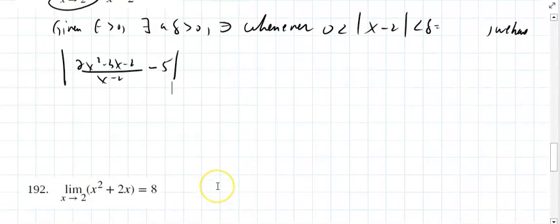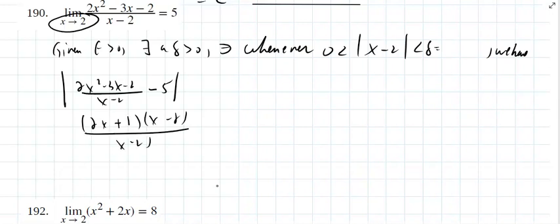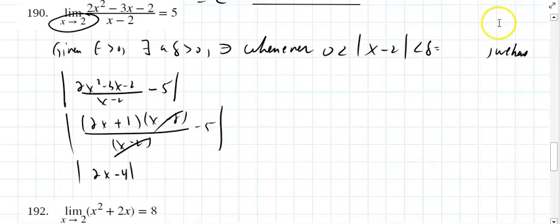Now here I could factor that. I believe that factors into 2x and x minus 2 and a plus 1. That's 2x minus 4. So that's pretty good.